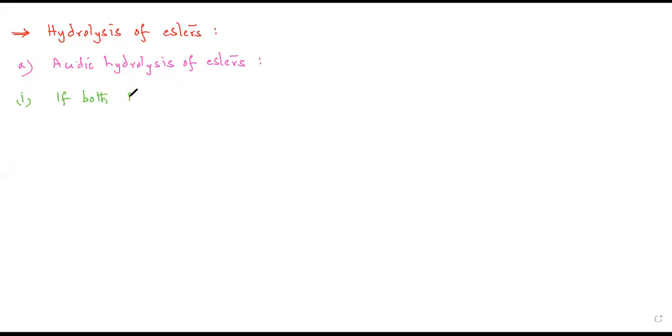If both R and R dash are smaller, see, the ester can be given as R C double bond O R dash. Now, the first case is where the R and R dash are smaller. Let's see what happens. Very interesting.